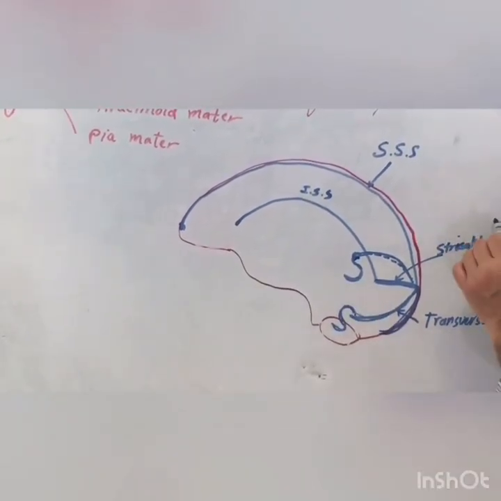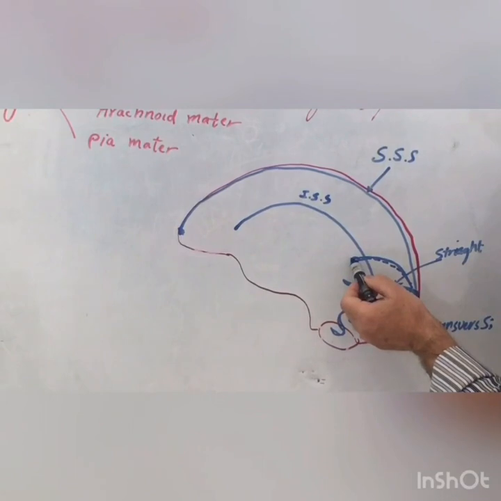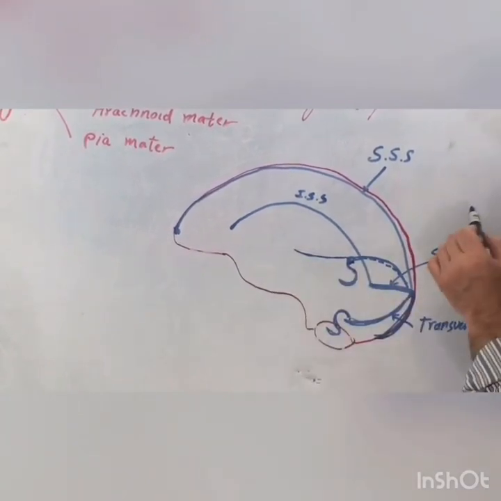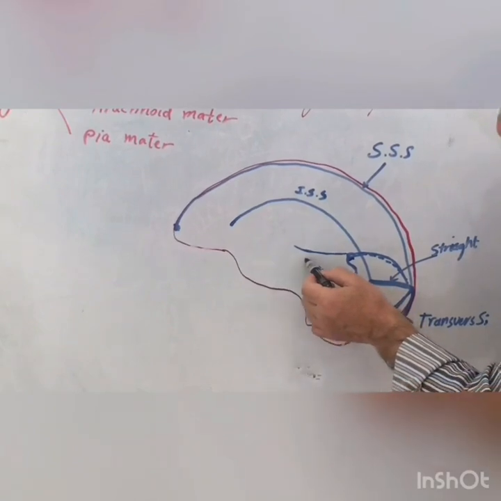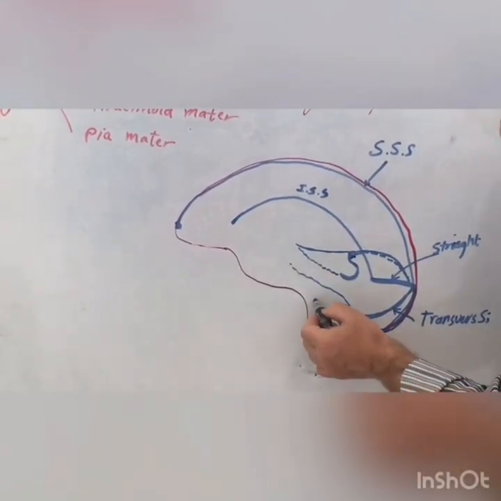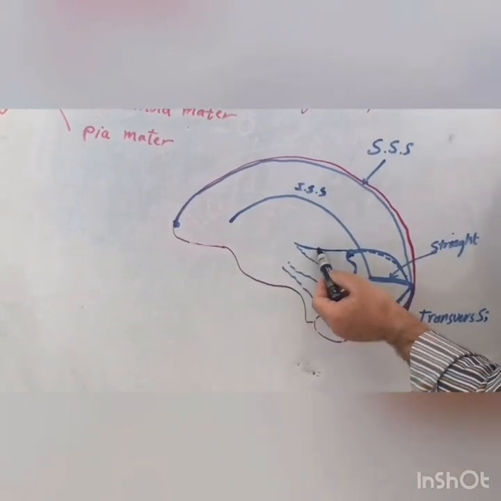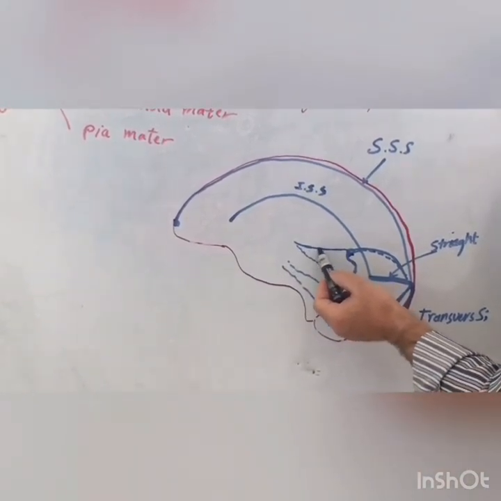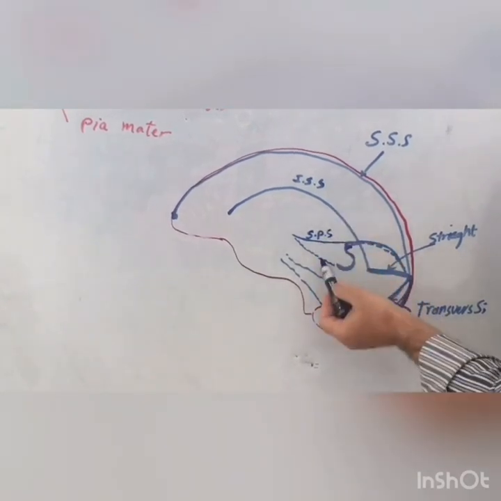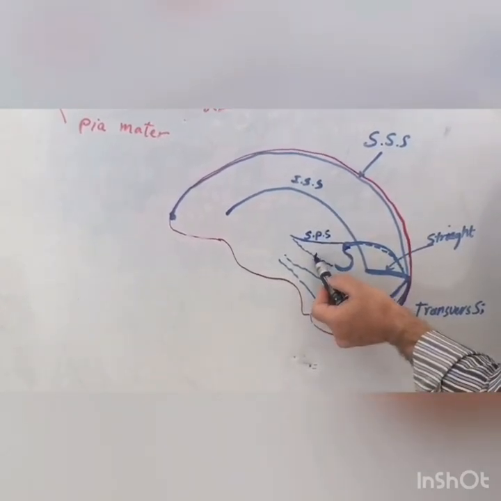From the upper border of the sigmoid sinus, we have a sinus passing here and another one. Here there is a sinus and here another one. This is the superior petrosal sinus, and of course this must be the inferior petrosal sinus.